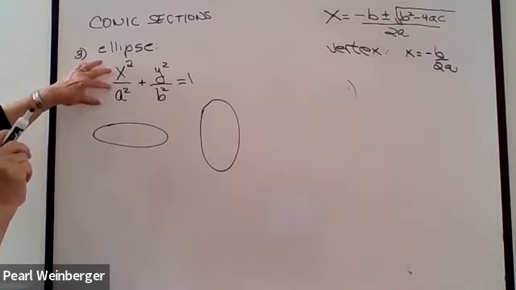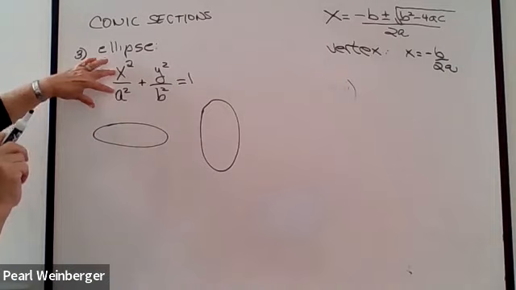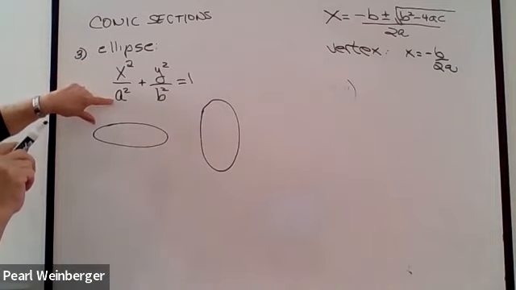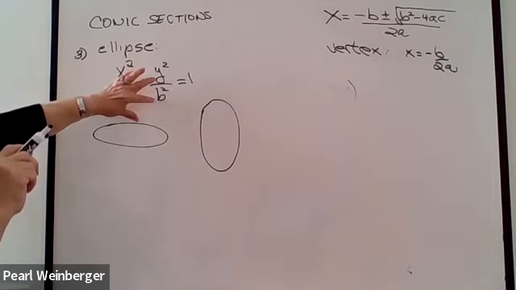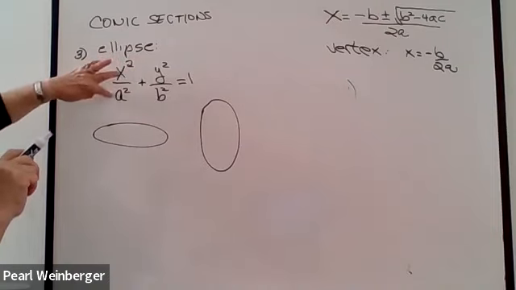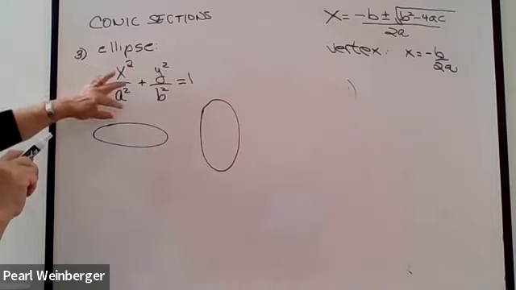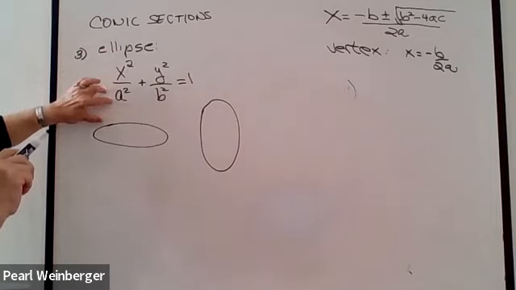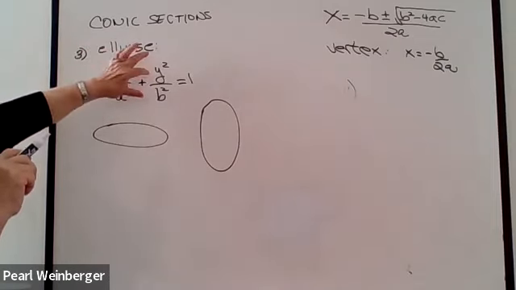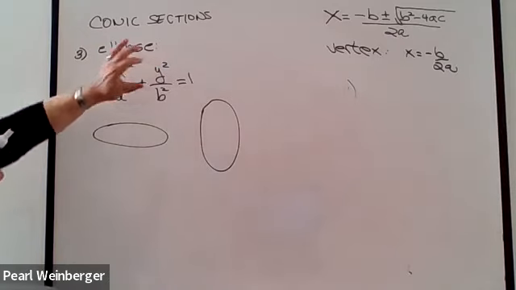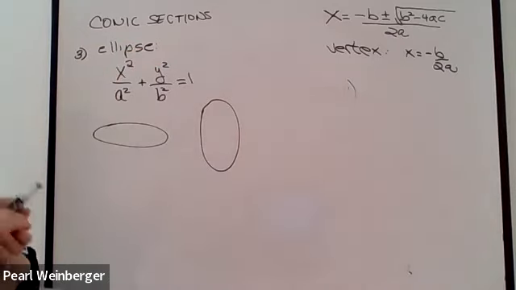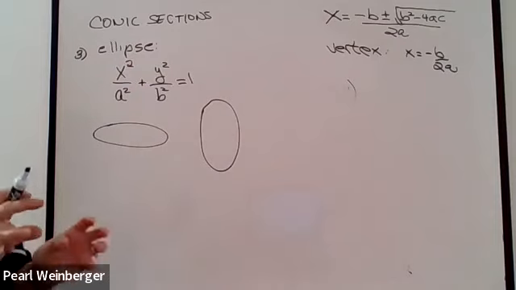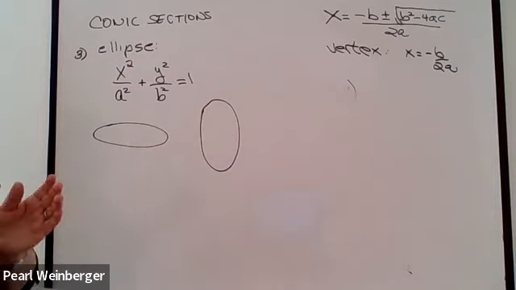Here, sometimes we'll write the x squared over something and the y squared over something. But these two numbers, which are the coefficients, 1 over a squared is the coefficient of the x squared, and 1 over b squared is the coefficient of the y squared. Those two numbers are different numbers. It isn't just a plain x squared and a plain y squared.